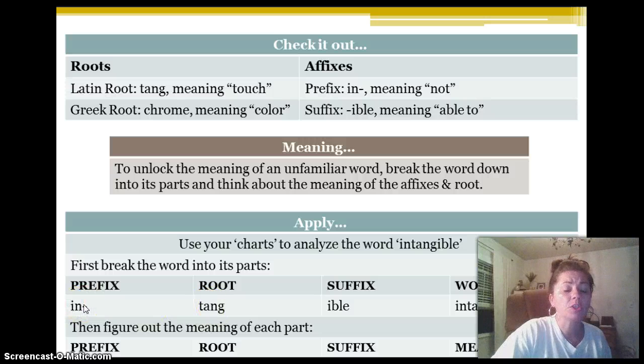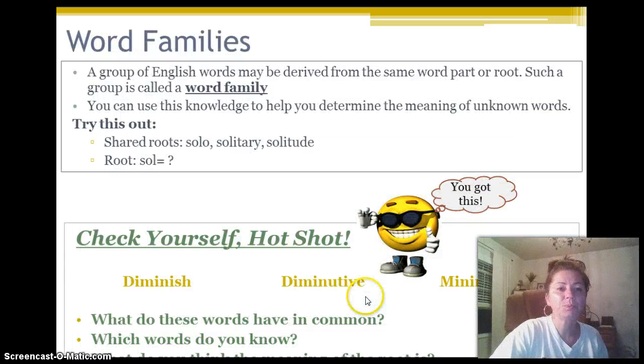So if you add in, which means not, to tang, and then you add the suffix ible, which means able to, you come up with the word intangible. Now the prefix, again, is in, which means not, root, tang, touch, ible is able to. So something that's intangible is not touchable. And that's how roots and affixes work together.